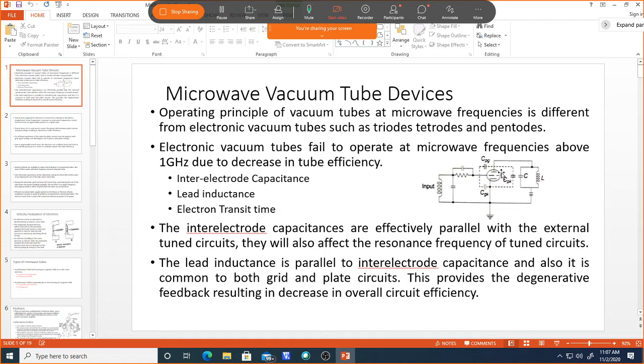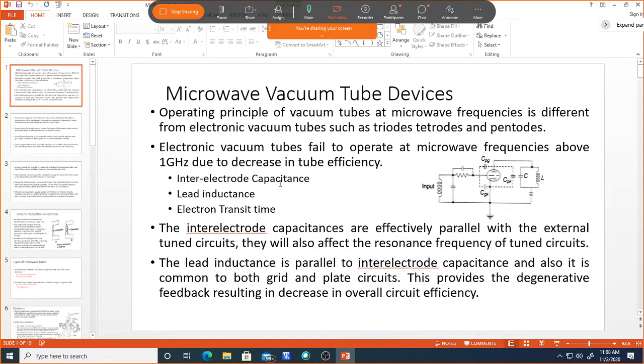At higher frequency, the transit time becomes comparable to the period of the signal, and it decreases the tube efficiency because the maximum number of electrons will not be able to reach the plate. That's why in triodes, tetrodes or pentodes, the efficiency decreases because of this transit time effect. And as I said, the parasitic effects are there.